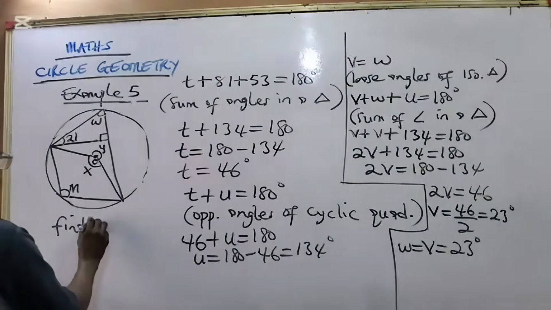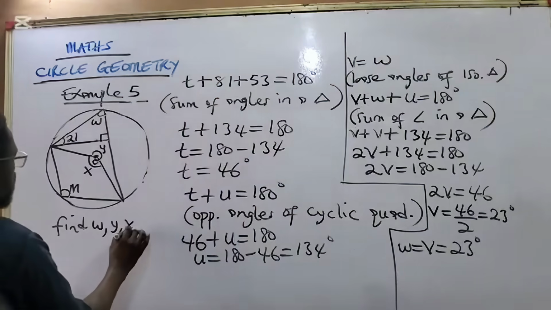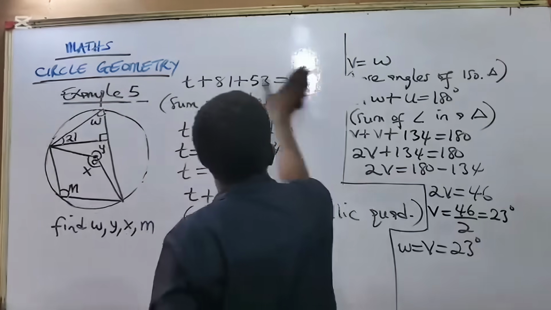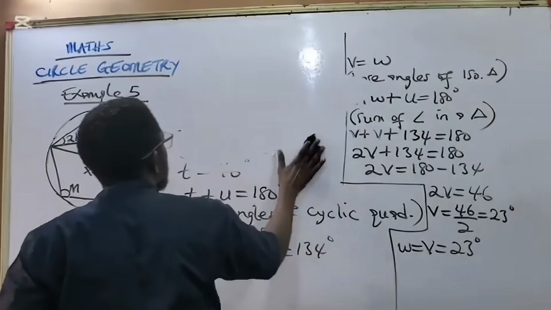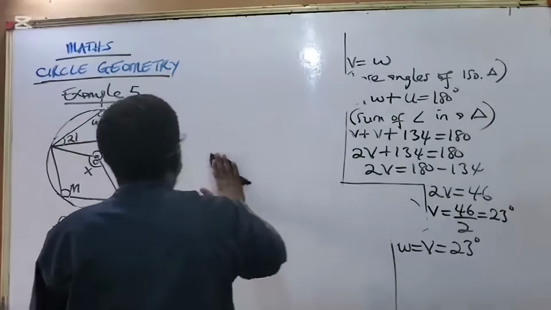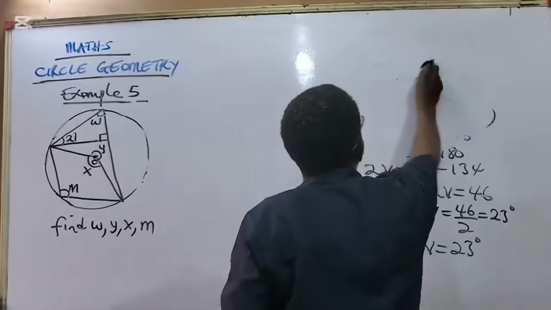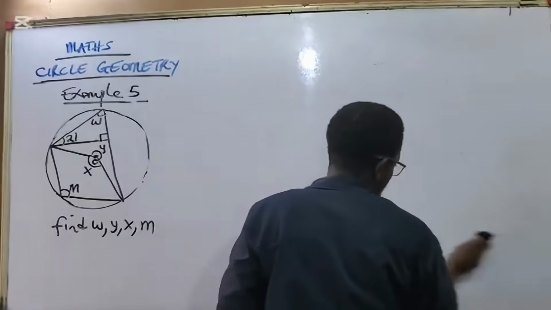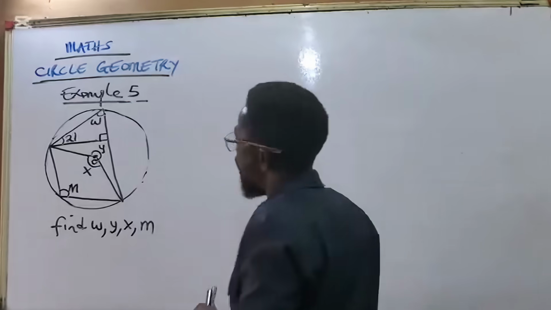We're looking for W, Y, X, and M. Okay. The question, the diagram, it's a little bit complicated now, but it's just for us to find a way to break it down.